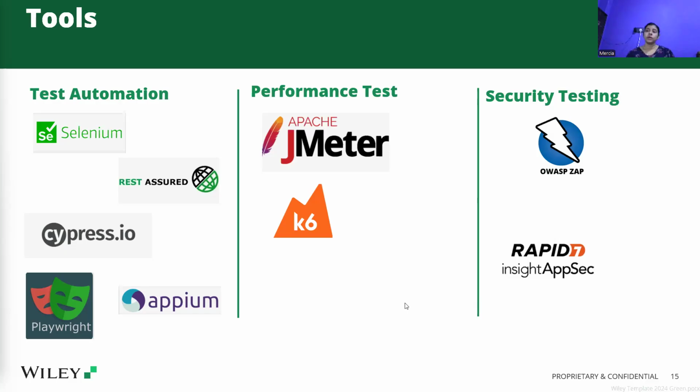The performance testing tools are JMeter and K6. For K6, it's better to have an understanding of JavaScript as well, so not focusing only on Java, better to focus on JavaScript likewise. And when it comes to security testing, we have OWASP and Rapid7. OWASP is a free tool that you all can get an understanding of.